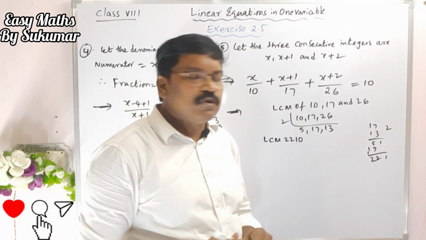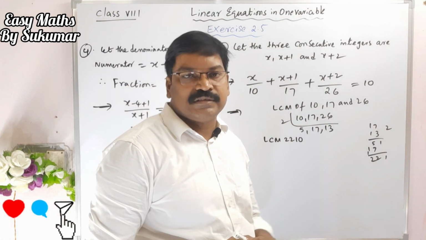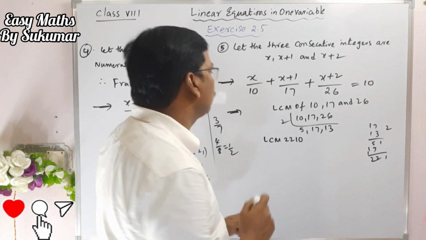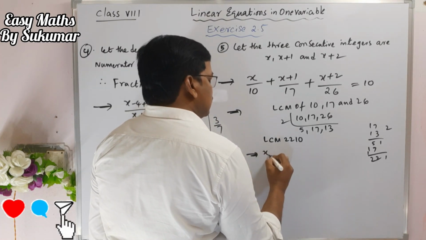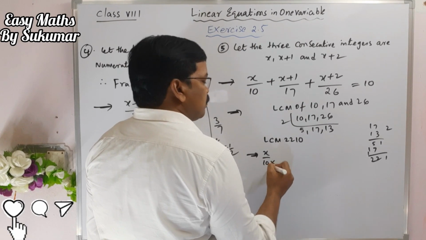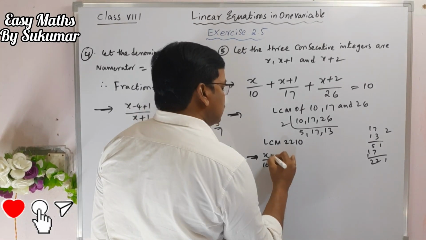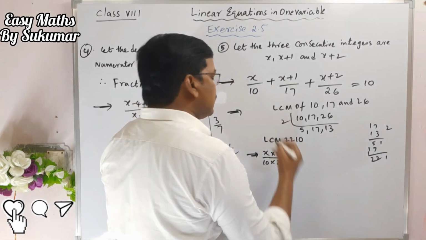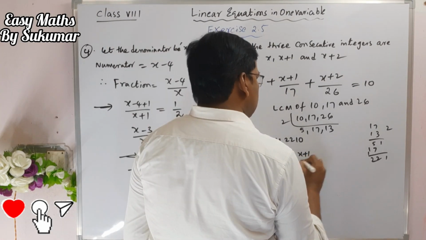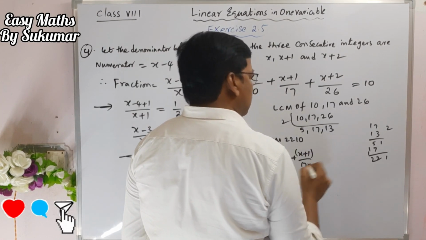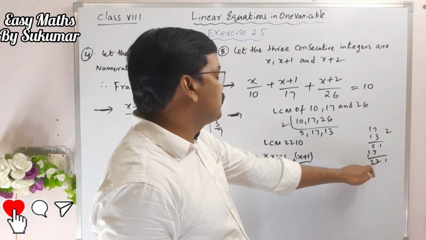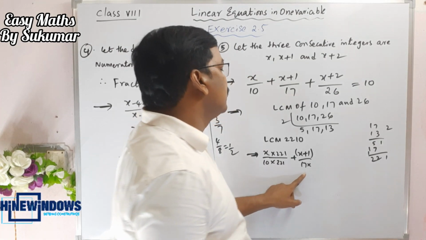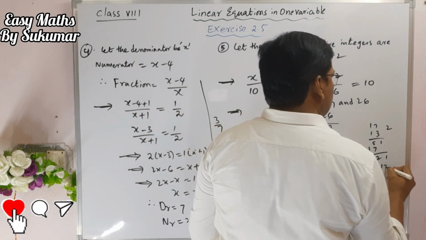See, if you observe the denominators 10, 17 and 26, we have to equalize them to 2210. That means x by 10 we should multiply with 221 to get 2210. Again, x plus 1 by 17, if I divide 2210 with 17, we will get 130.